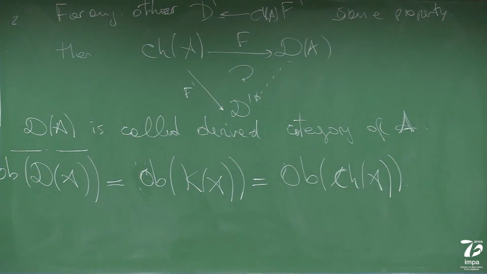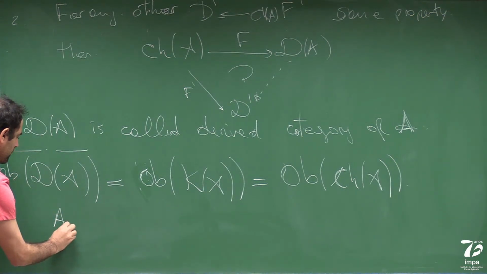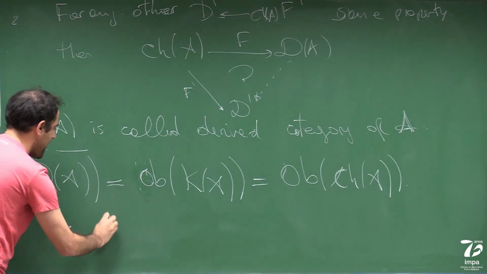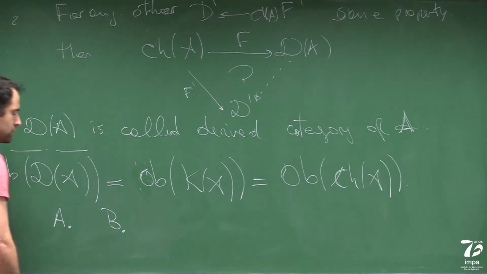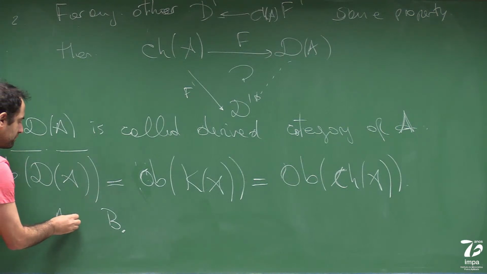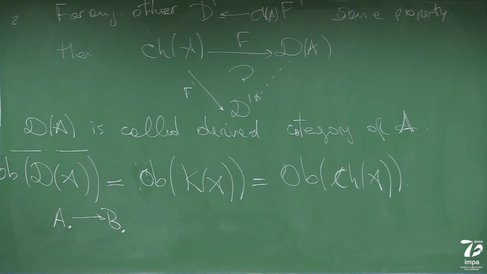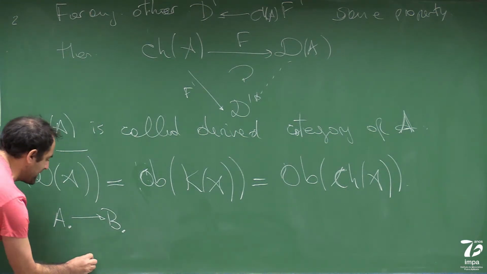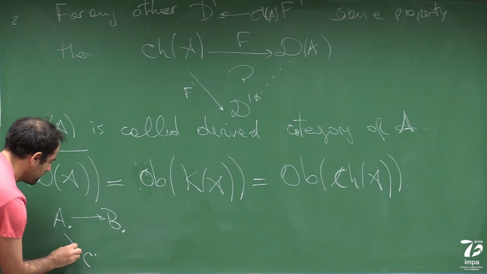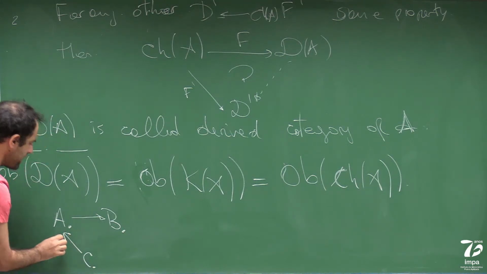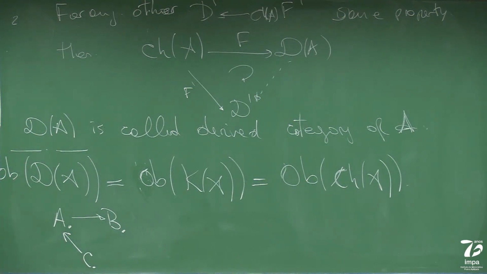And let's suppose that you have two complexes. So let's say that I have some A and I have some B, two complexes. The question is, what is a morphism in this category D of A, between A and B? But now let's suppose that I have a quasi-isomorphism from a C into A. Suppose that you have some quasi-isomorphism.